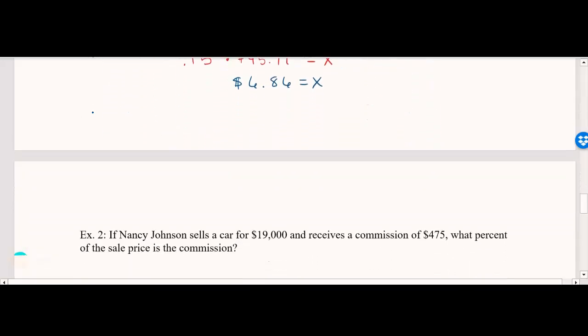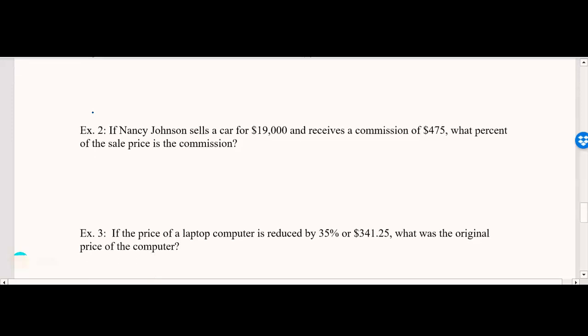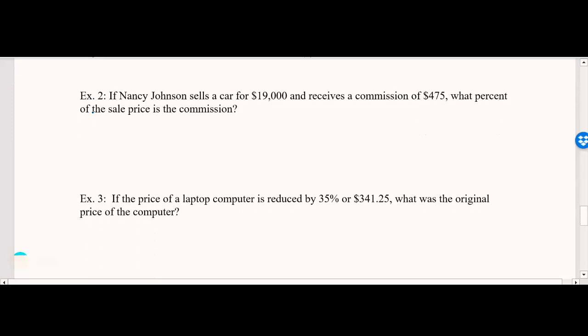All right, let's just try a few more. If Nancy Johnson sells a car for $19,000 and receives a commission of $475, what percent of the sale price is the commission? Well, let's rewrite again. What are we asking?